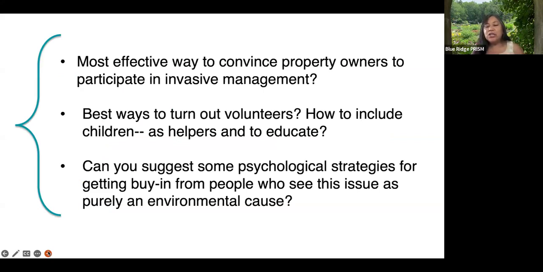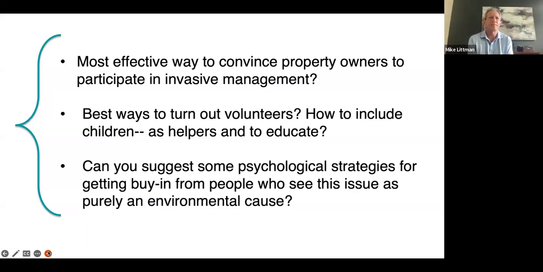I know with Lyra, there's a photo of a father and his little boy in a Lyra shirt for a Scrape for the Grape thing. How do you make something like that happen? Or, someone even asked if you could suggest some psychological strategies to get buy-in from people who just see this issue as an environmental cause that really has nothing to do with them. So, since you just talked, Mike, is there anything else you'd like to share to help answer these questions?